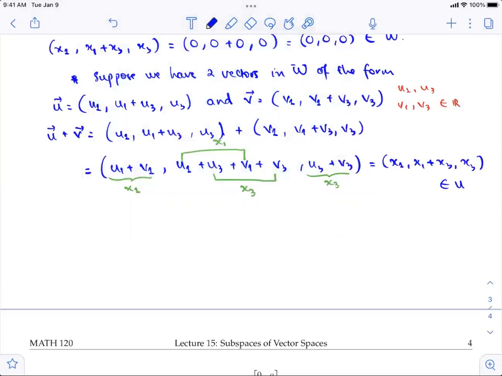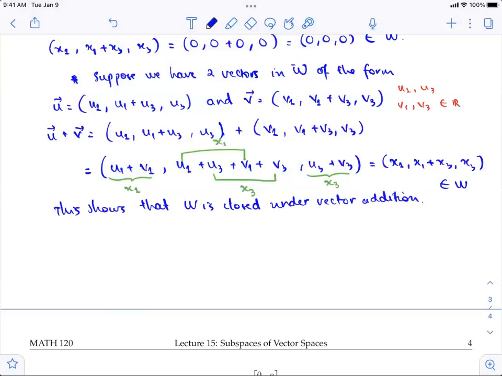So this one is in W. Therefore, it shows that W is closed under vector addition.